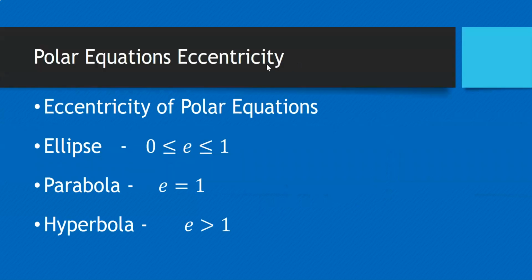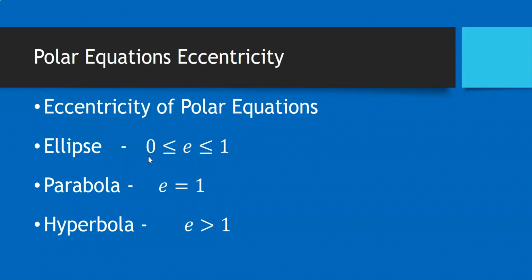Now, we saw earlier when we dealt with the standard form of conic sections that the eccentricity of these conic sections tells me what type of conic section it is. So when we're looking for an ellipse, we want an eccentricity between 0 and 1.